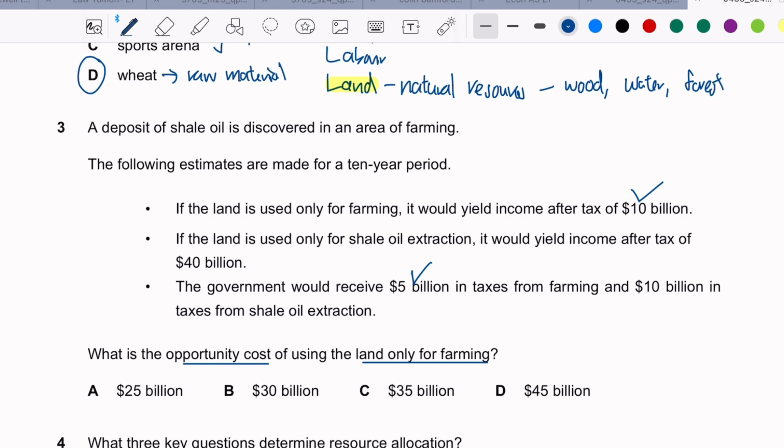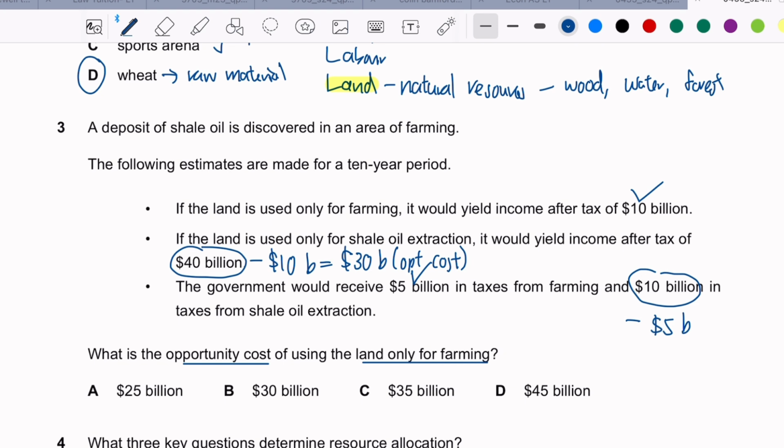Then what is the opportunity cost? So first, for yield income after tax, use this 40 billion minus the 10 billion. So you get a 30 billion opportunity cost for the income. Second, for government tax, you use this 10 billion minus the 5 billion.